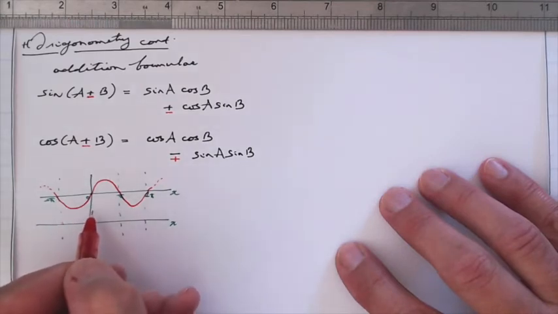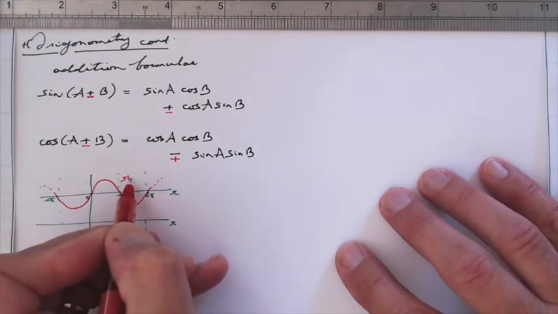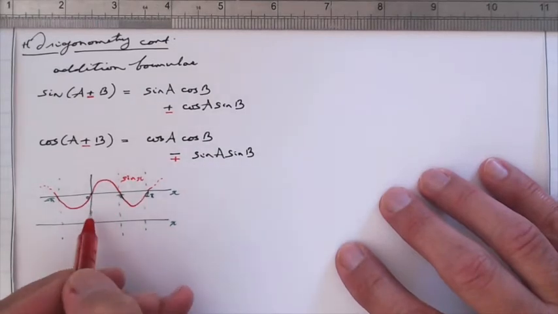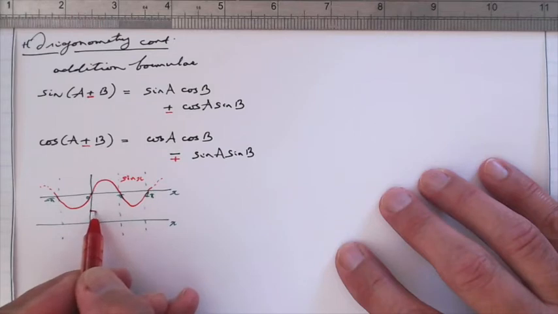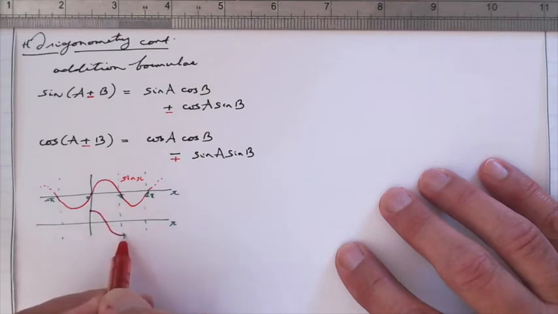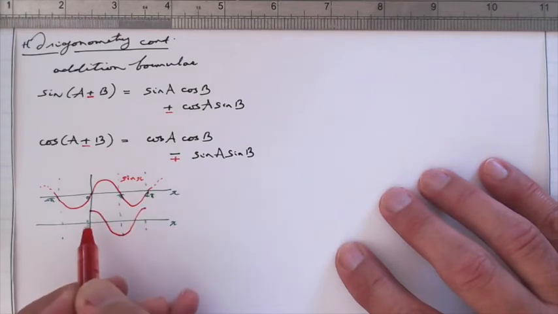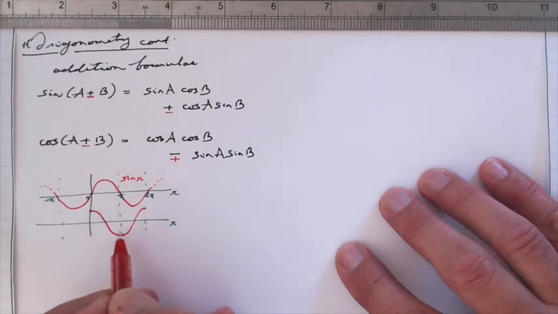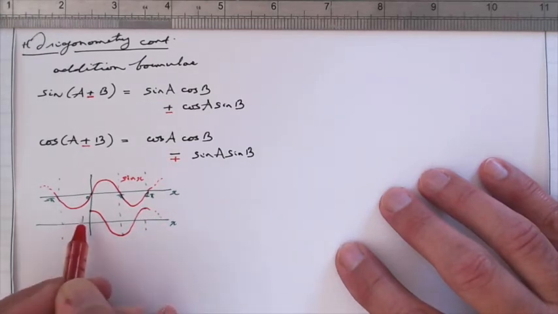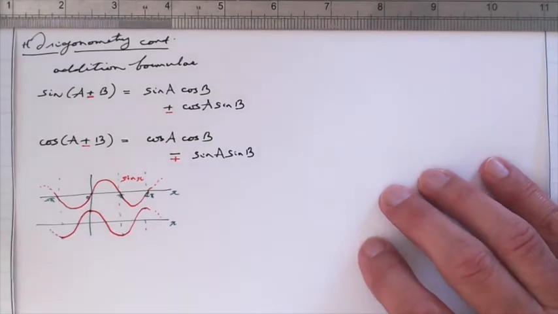Cosine, on the other hand, so this is sine of x, and cosine of x would start here at 1, go through 0, down, and then back up like that, and that's its full period in 2 pi, and then it would just repeat that. And on this side, for negative angles, go down and then up, and so on.